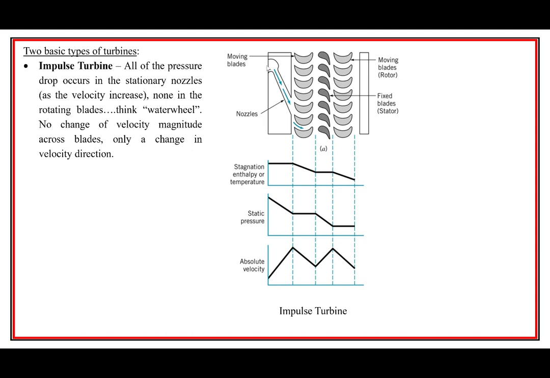So we're going to think of nozzles and blades as two separate things, right? And they're easy to tell right here on the inlet, but right here, this fixed, what we call a stator, these are fixed blades, and I think of them as being nozzles, because you can see that the throat area is changing across these fixed blades.